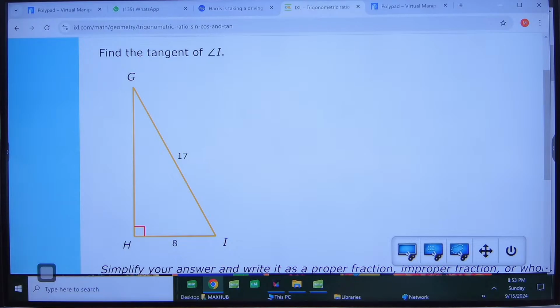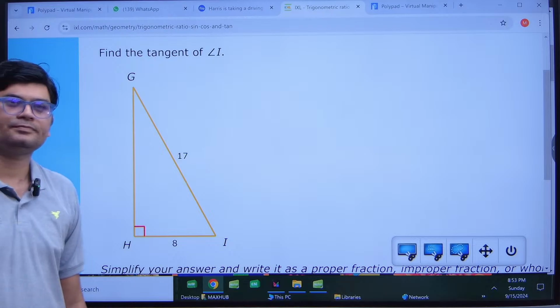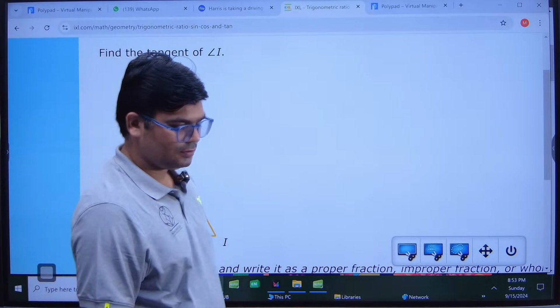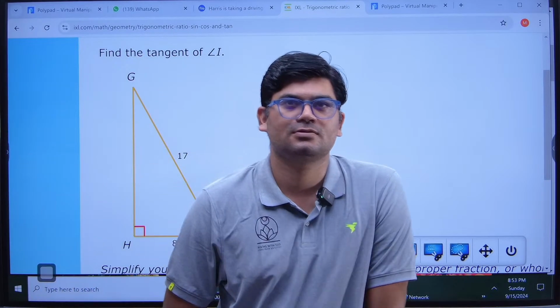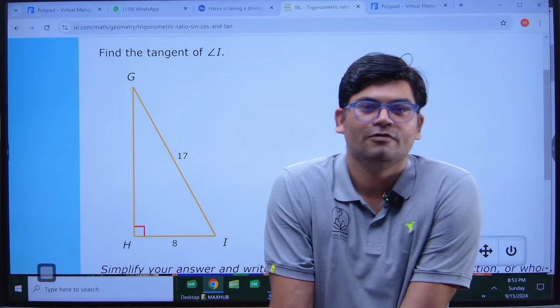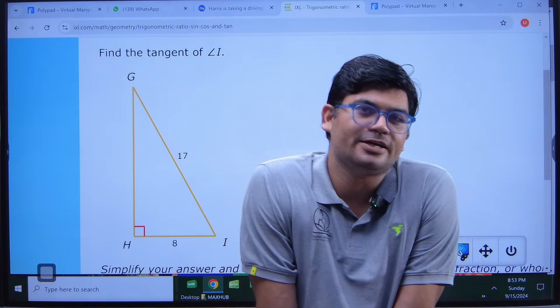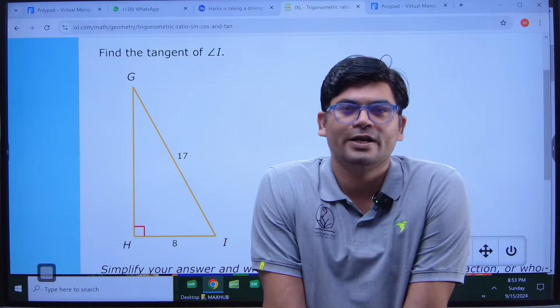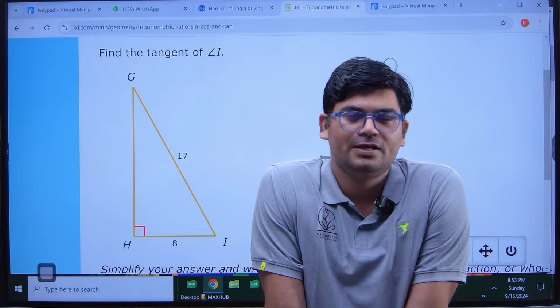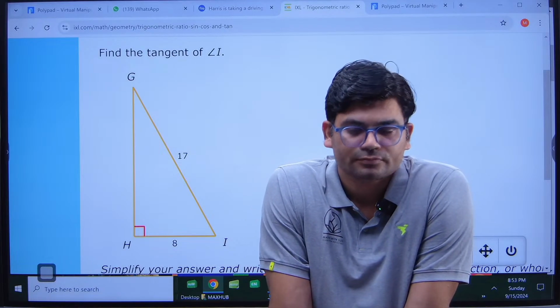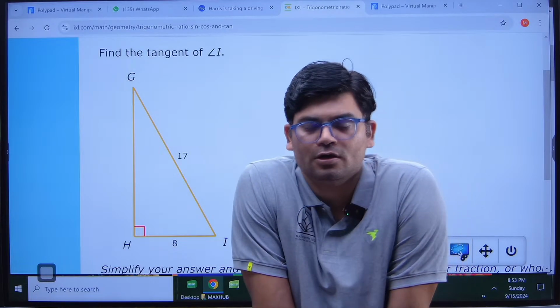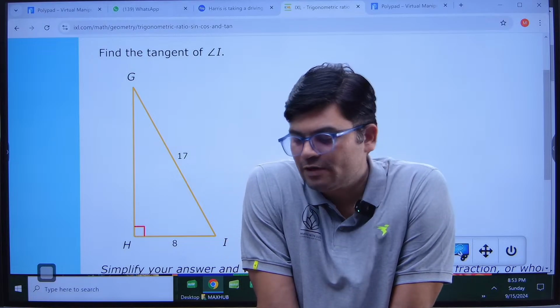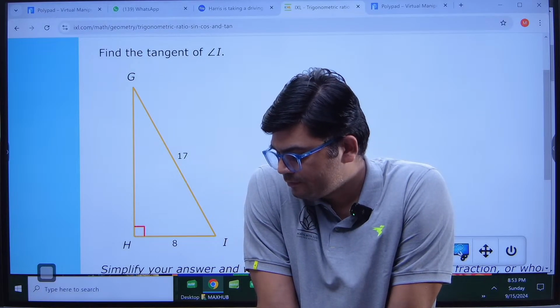Have I given you the list of Pythagoras triplets ever? Pythagoras triplets mean the three numbers which together form the sides of a right angle triangle. One is 3, 4, 5. Please write it down. The other one is 5, 12, 13.